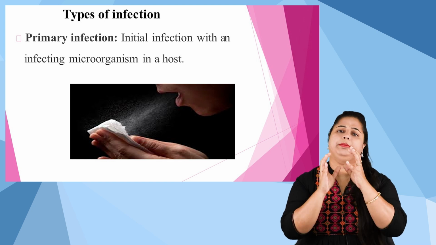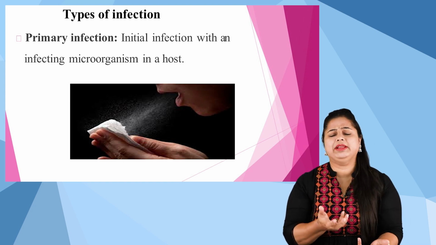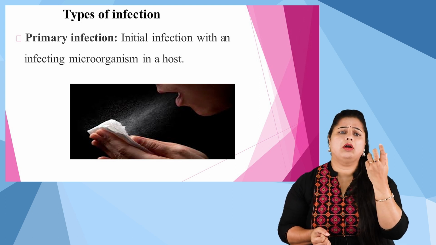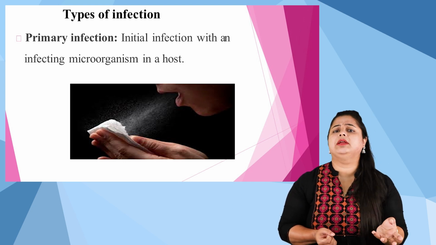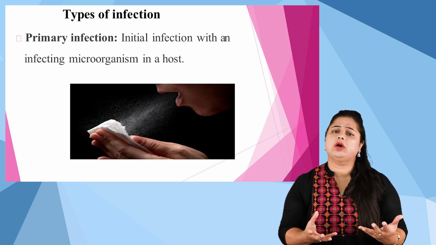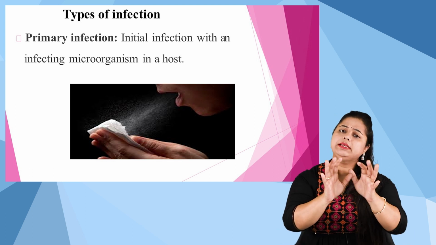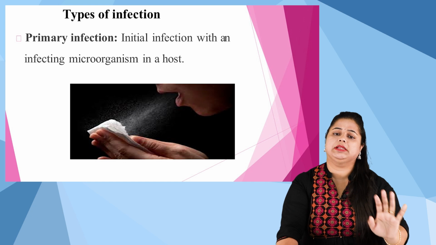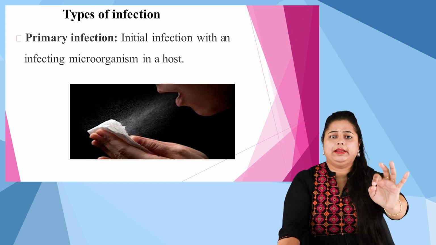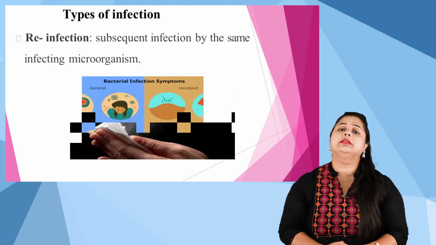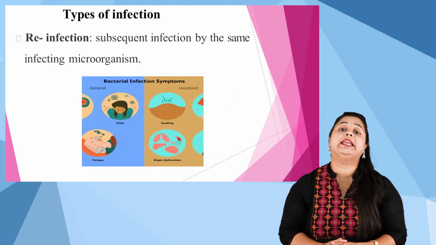That may be a person, or a living thing like an animal, or even a non-living thing, like plates or whatever article is used in the hospital. The infectious agent is directly present in one host, and that is called primary infection.